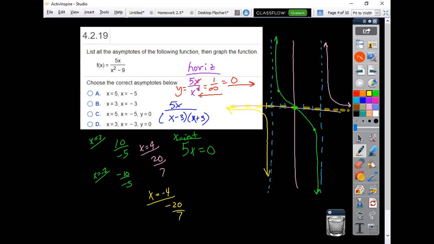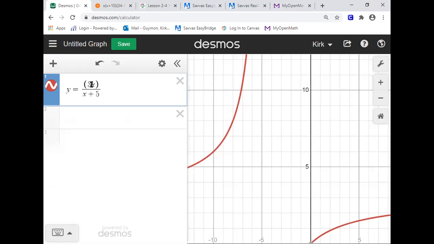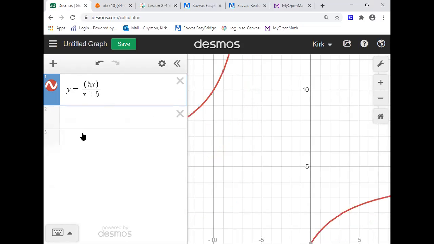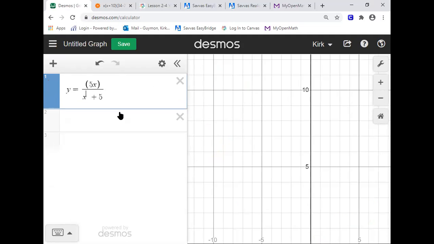But if we also just want to do a quick double check again, 5x over x squared minus 9, let's just see if that looks right for what we came up with. Let me share Desmos with you again. I had a 5x here, and x squared. Shift 6 for the caret squared.